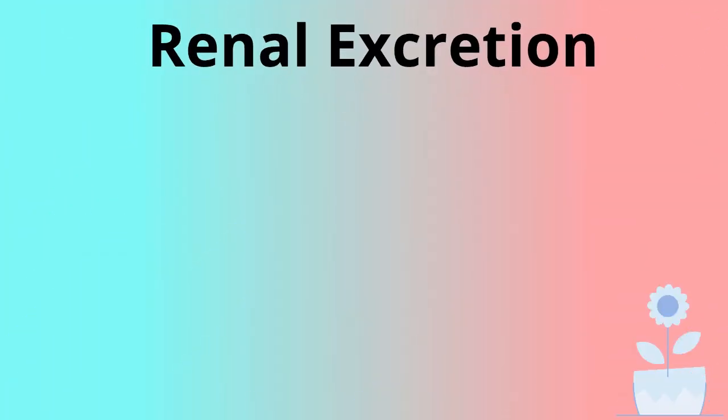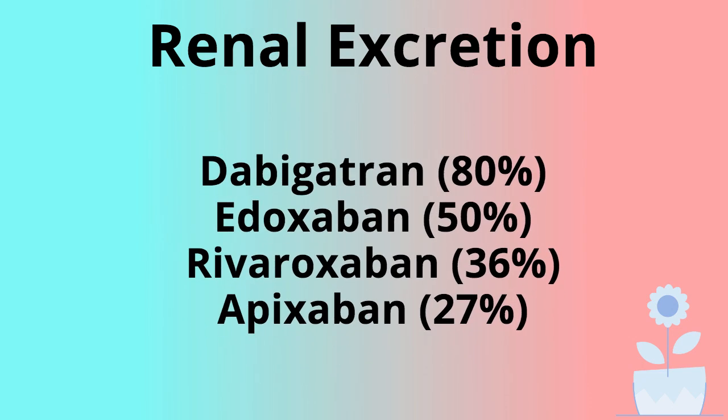As I've mentioned several times so far, all of the DOACs are renally excreted to some extent and therefore require renal dose adjustments, or they're contraindicated at certain levels of renal dysfunction. So here I wanted to give you an idea of how much of the drug is actually renally excreted, and we're talking about the actual active drug here.